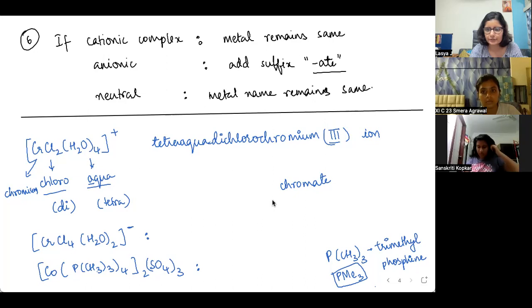Smira has sent this. Okay. What is the oxidation state of cobalt in this, Smira? Check that again. I'm not sure how to do that. See, the trimethyl phosphine thing is neutral, right?